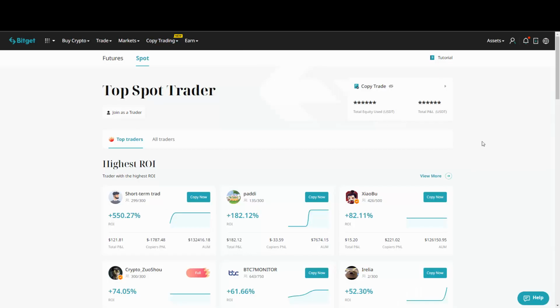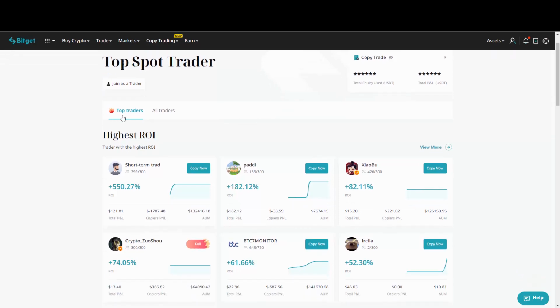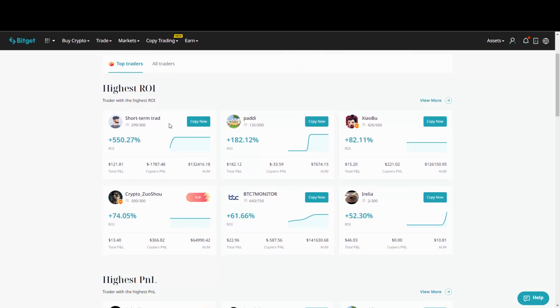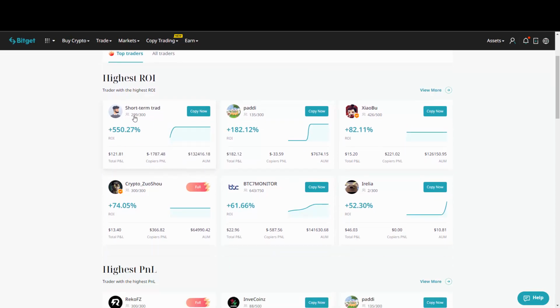So this is literally the dashboard. It's really easy, really simple for you to go. First of all, you're going to see the top traders. For example, we have this one, it says short-term trade. This is the amount of followers. The amount of followers means that no more than this amount of people can be copying the strategy from this trader.